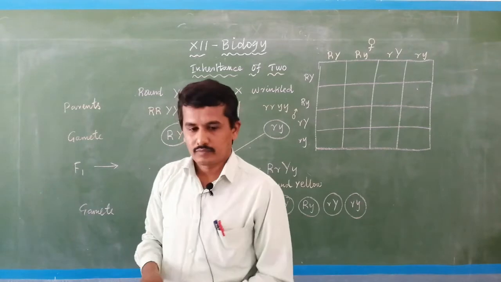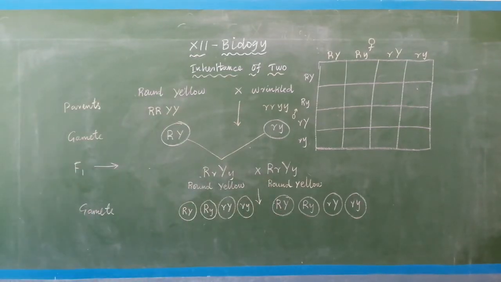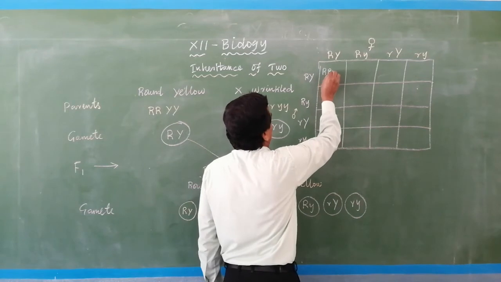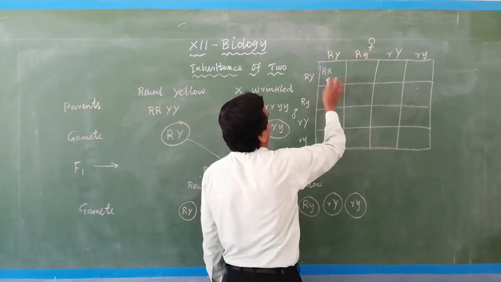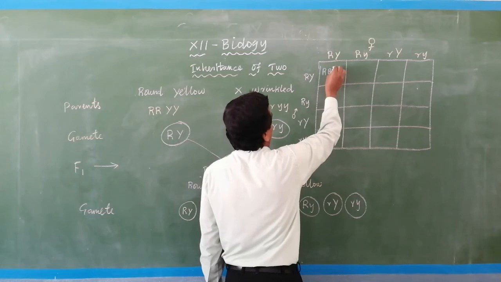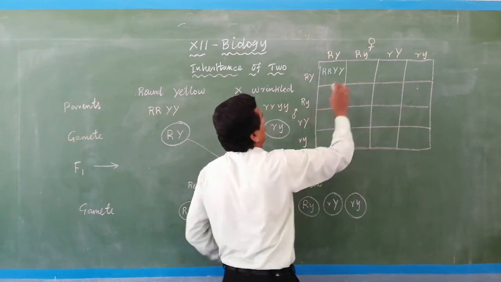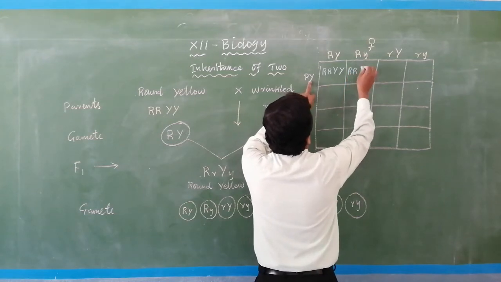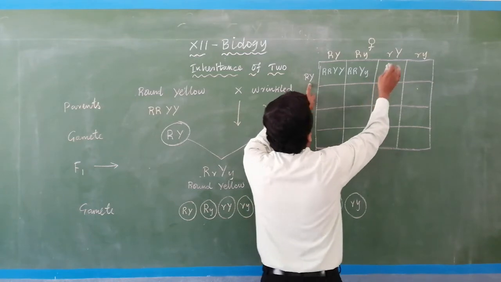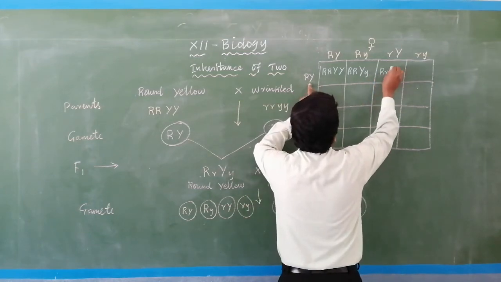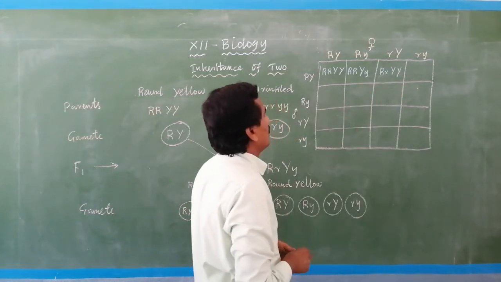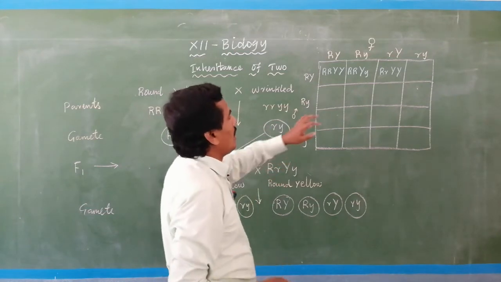Then we make the cross. A male gamete capital R fuses with the female gamete, and the generation is produced: capital R capital Y, and so on. Here the first letter is capital Y, small r, capital R, because R is dominant.